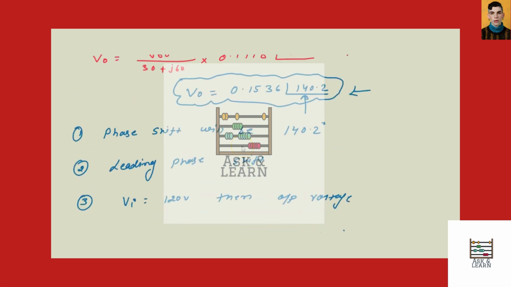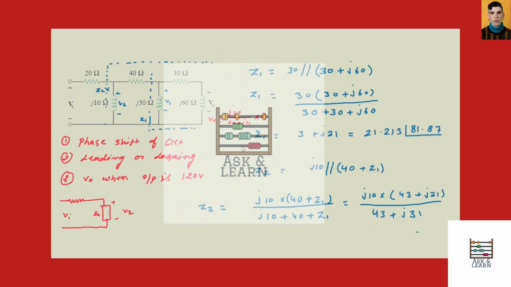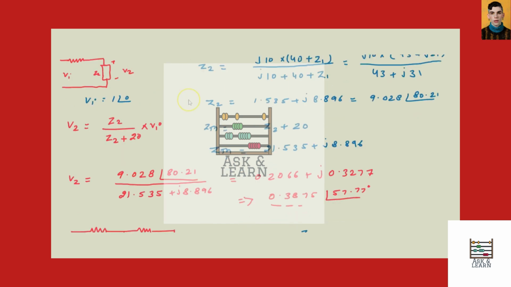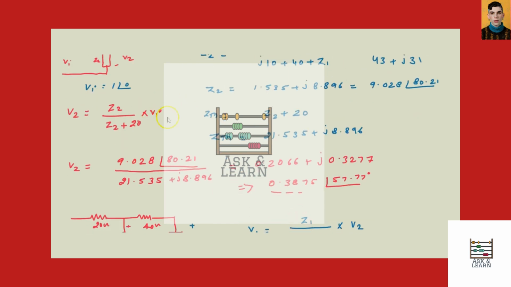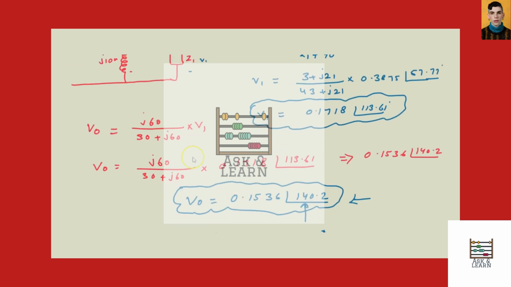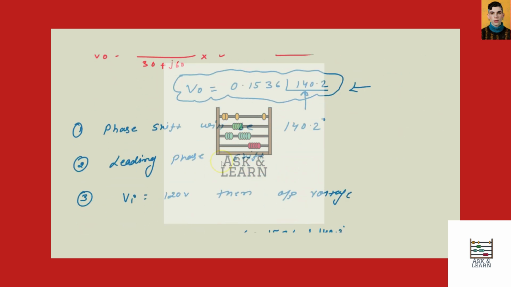Okay, so in this problem we first calculate the effective impedance of the system looking from each and every section. Z1 is represented by this circuit, and then we calculate the voltages V1 and V2, and then calculate the output voltage V0. In the output voltage, the angle represents the phase shift, and if it is a positive angle, then it is the leading phase shift.